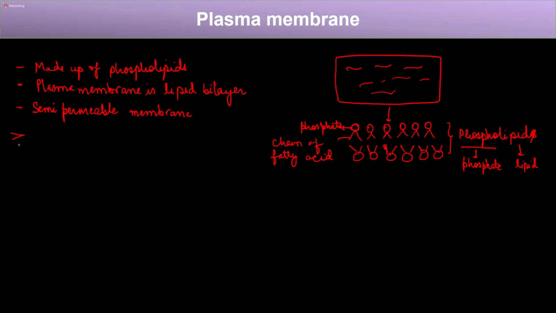One of the most important things that we should write here is that the plasma membrane is present in both prokaryotes and eukaryotes.